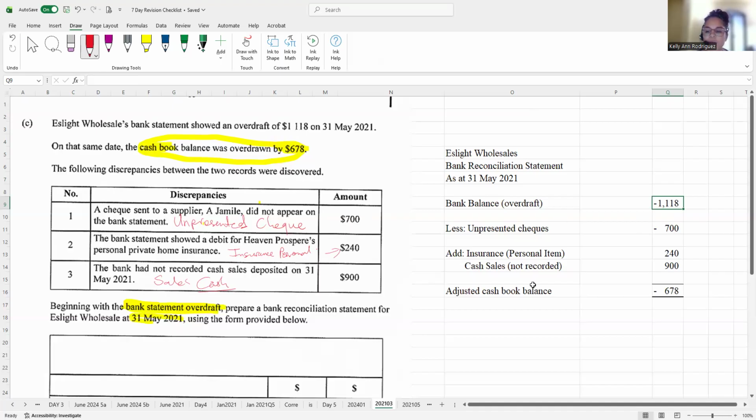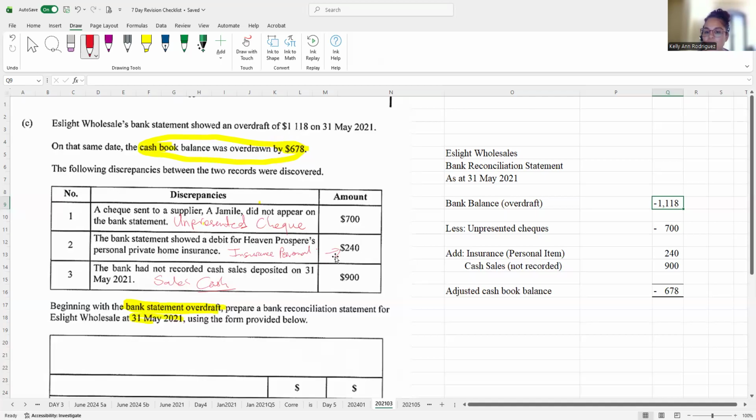The insurance might have been the only tricky thing here. The bank statement showed a debit for Heaven's Prosperity, whoever, personal private home insurance. So there is a personal private home insurance for something, for somebody, right? Personal stuff from another company other than Slight Wholesaler, and for 240.